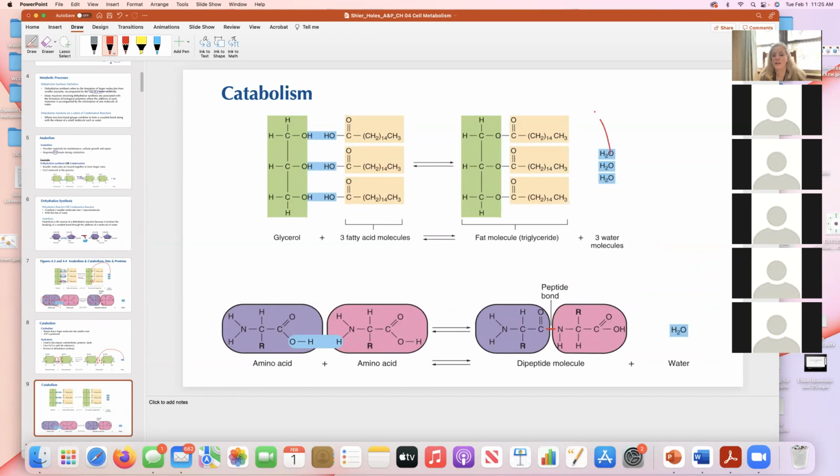All this water here is going to attack all those bonds that we just made and add hydrogens onto the oxygen over here. All right, same thing. Water attacks our peptide bond, and we go in reverse for hydrolysis. And we get back our two original amino acids.